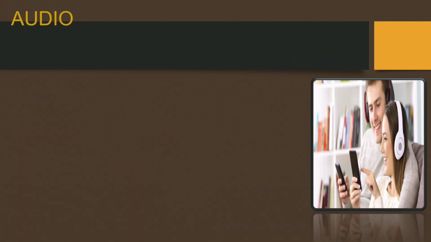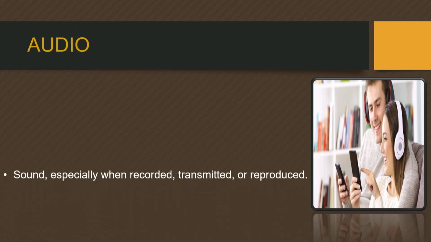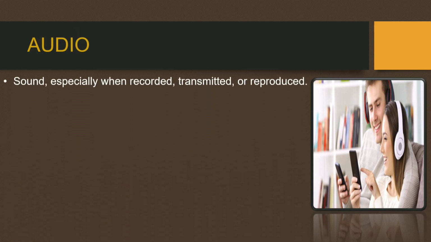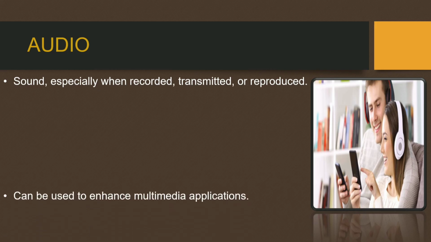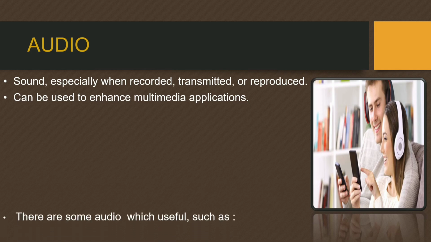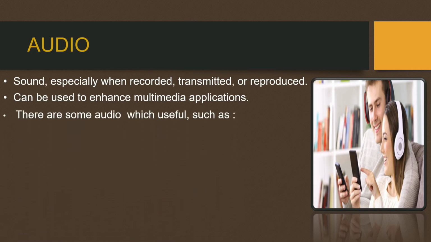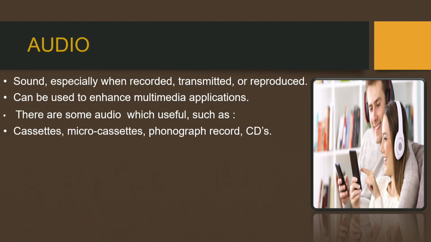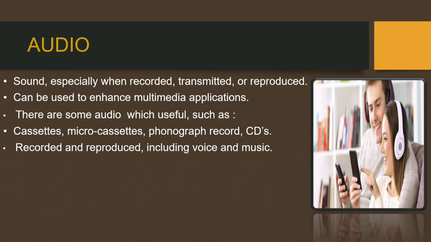So next is audio. So what is audio? Sound, especially when recorded, transmitted, or reproduced, can be used to enhance multimedia applications. There are some audio materials which are useful, such as cassette, microcassette, phonograph records, and CDs, recorded and reproduced, including voice and music related to humanly audible sound.